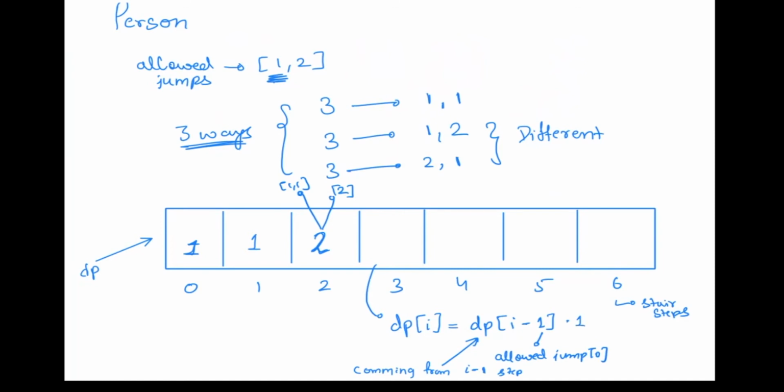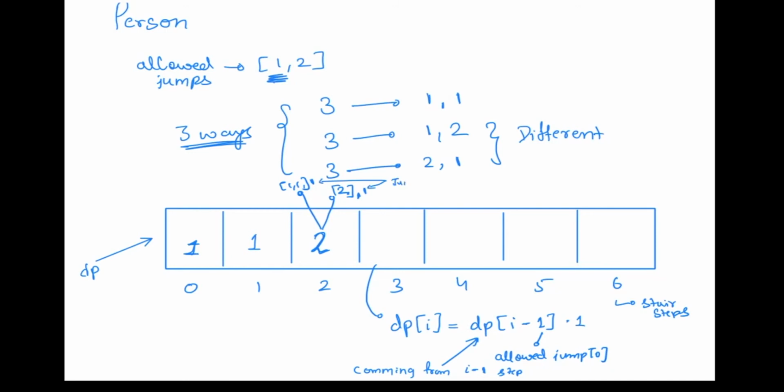Now why am I doing dp[i minus 1] into 1? It's because we are adding 1 to all the possibilities that we have to reach the i minus 1 step. 1, 1 is one possibility, 2 is one possibility, and we are adding just our jump to it, that is 1, to both the lists.